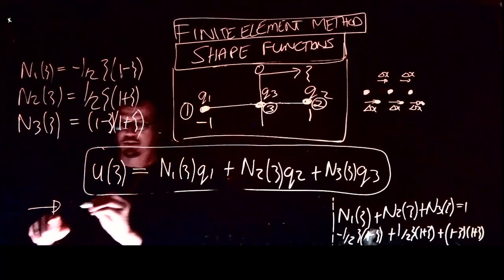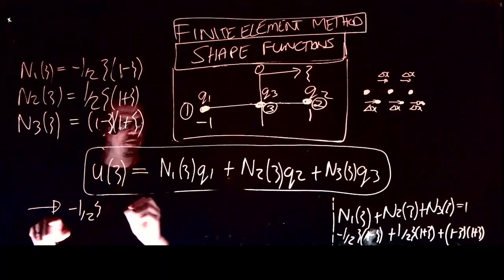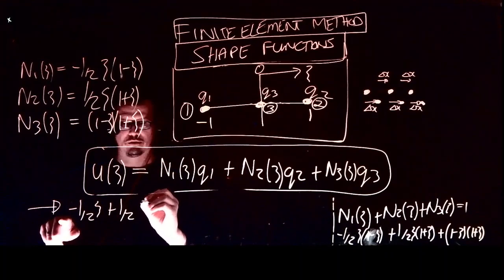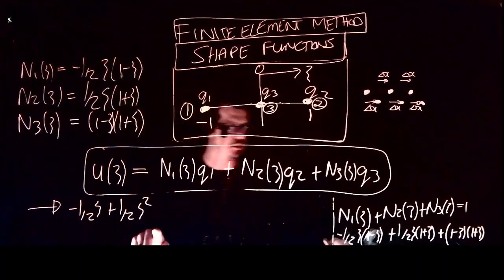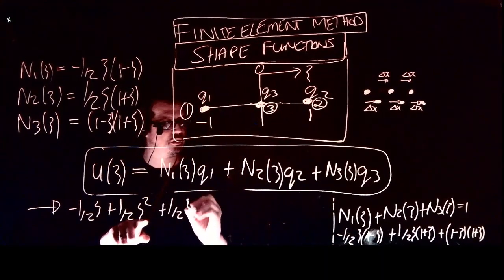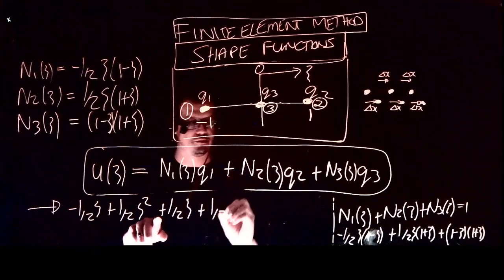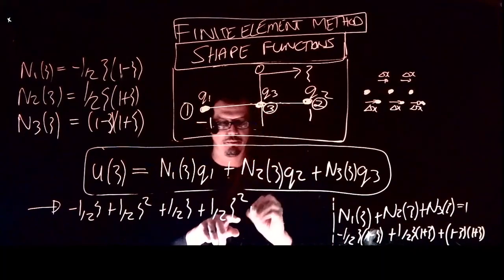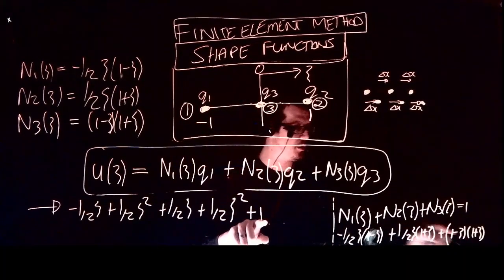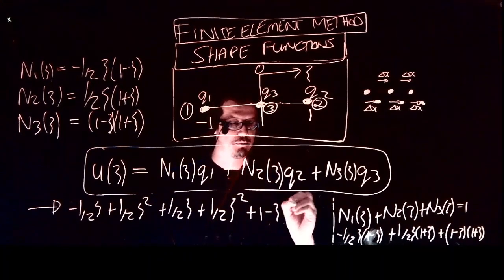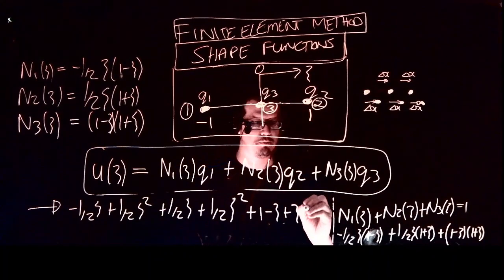Okay, so let's just multiply all this out. It's minus a half psi plus a half psi squared. So these are the two terms, this and this. Then this is plus a half psi plus a half psi squared. And then this, if I multiply it out, is plus 1, minus psi plus psi, so they will cancel out, and then minus psi squared.